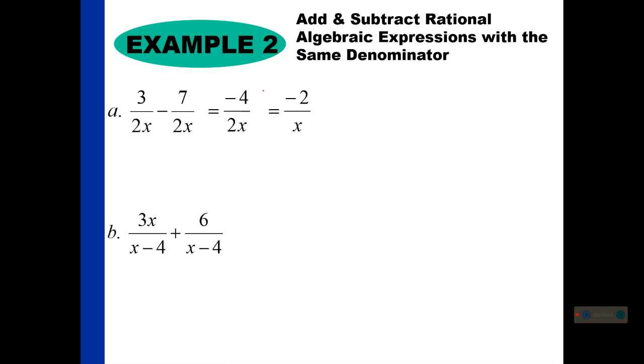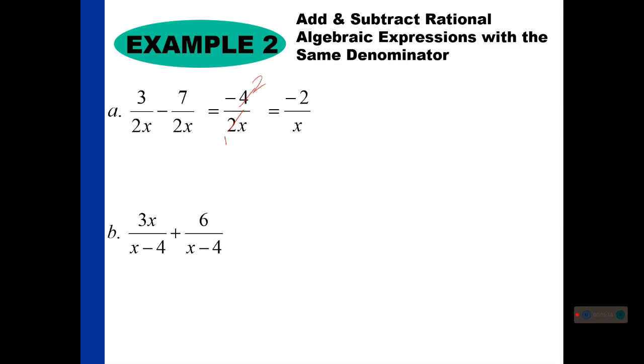Because we have 2 and negative 4, which have the common factor 2. So this will become 1, and this will become negative 2. So that's why your final answer here is negative 2 over x.